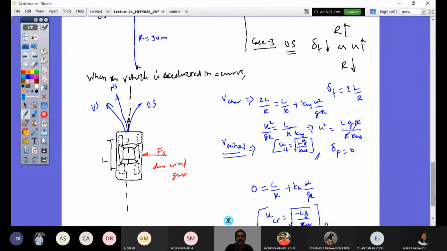The side force, a wind gust, acts from the right of the driver, and the vehicle will go to the left. If it is an oversteer vehicle, it will go into the disturbance. And if it is a neutral steer vehicle, it will go in a straight line at an angle. That is the neutral steer effect.